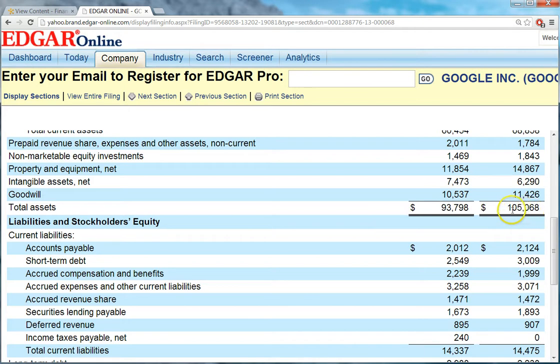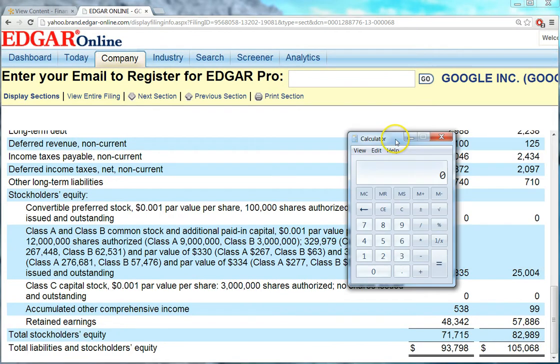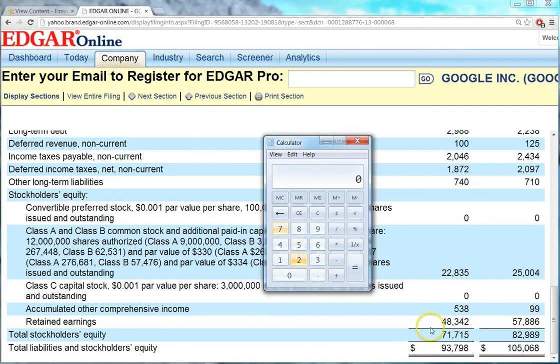Our total assets are $105 billion, and that is equal to our liabilities plus shareholders' equity. I'm going to bring my calculator in here. And so if I want the equity to asset ratio, I can just take $83 billion, or 82.989, and divide that by the 105,068.